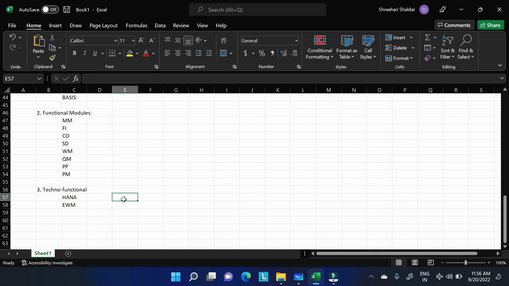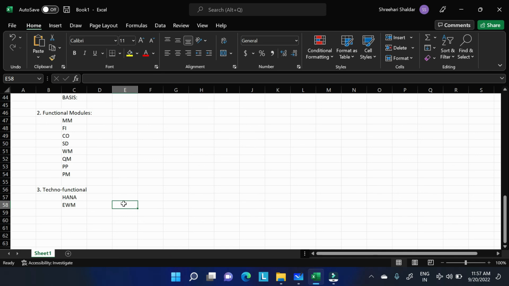S refers to simple over here. So we are using S4 HANA, and it is one of the major differences showing up in the markets nowadays. Next is EWM, which is nothing but Extended Warehouse Management.